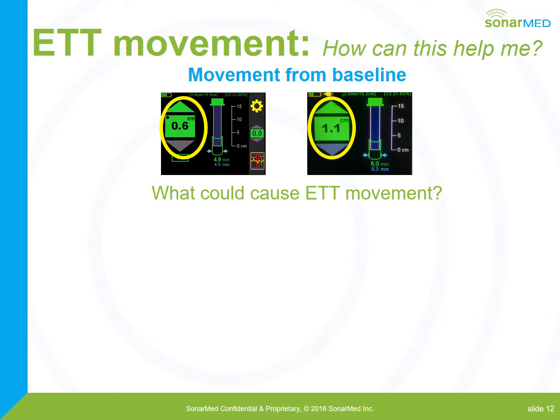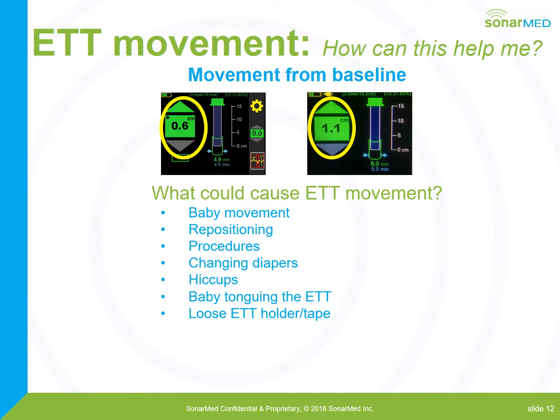So if we think about what causes ETT movement, do I really believe that the endotracheal tube is moving, and that it moves at the tip when I don't have any movement at the lip? Well, there are a lot of different things that cause movement of the endotracheal tube. Everything from the baby moving or us repositioning the baby, to different procedures we're doing, whether that's moving them for a chest x-ray or changing their linens.